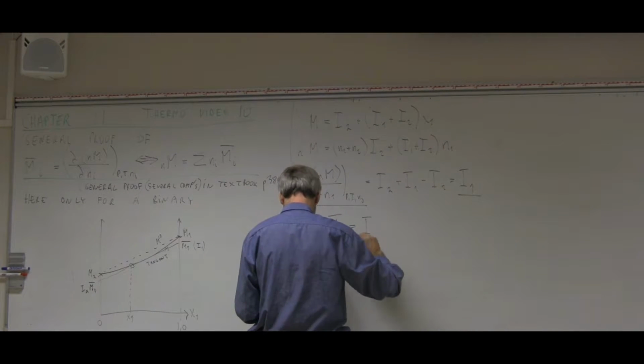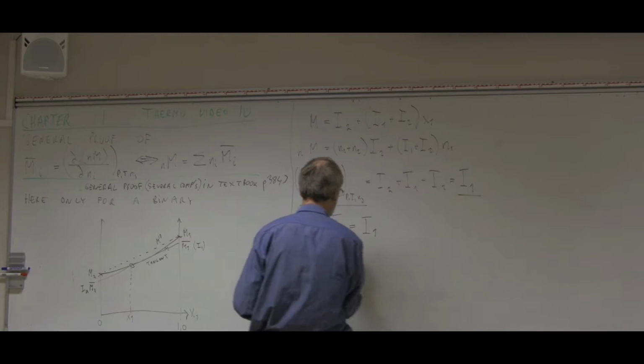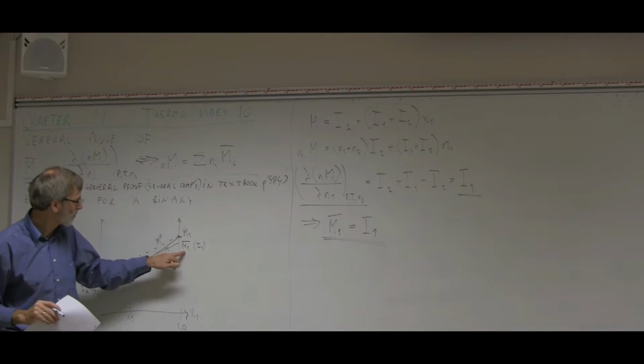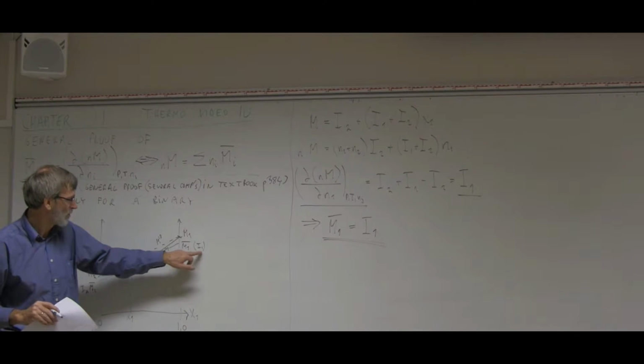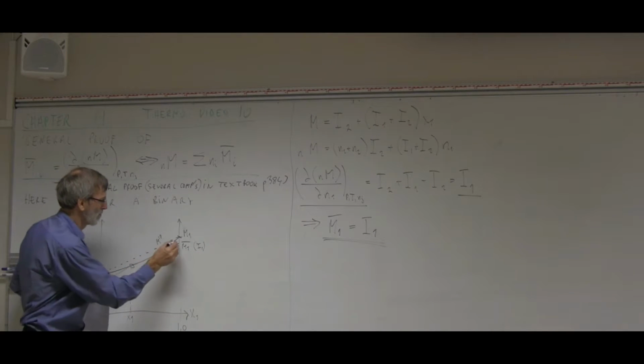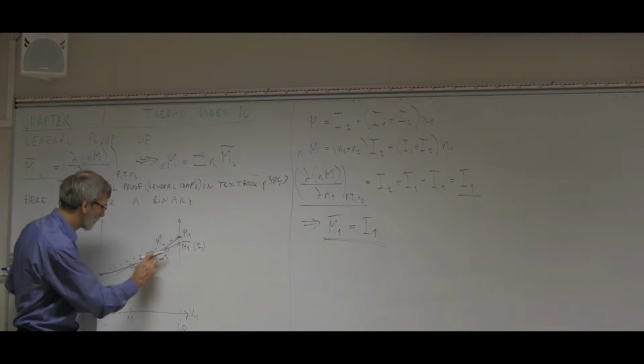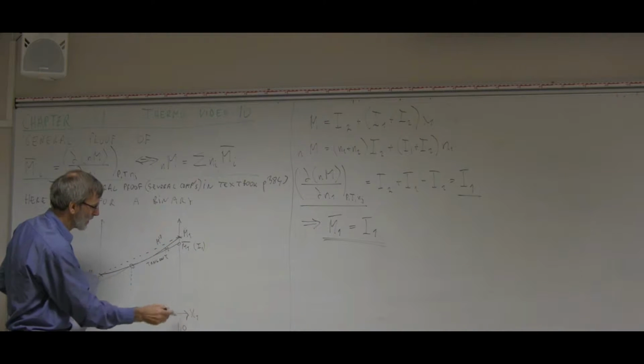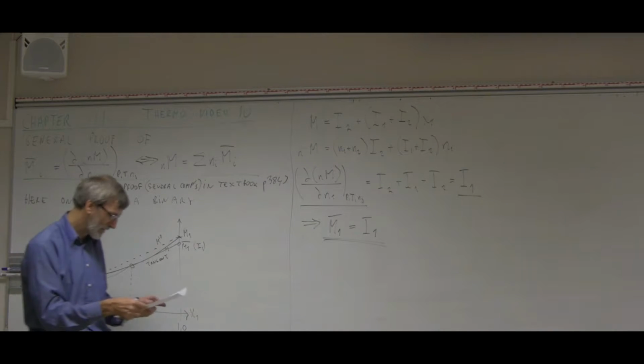That means that this partial molar property must be equal to this I1, which is the tangent when it passes 1.0.